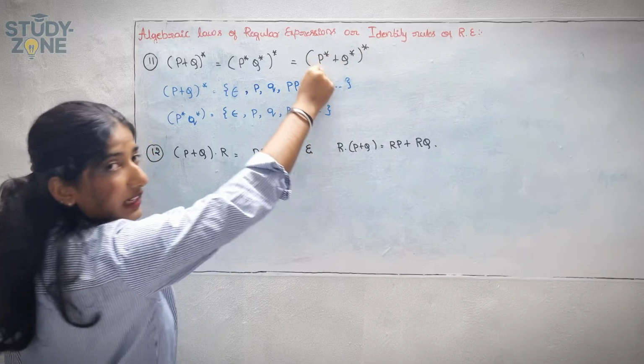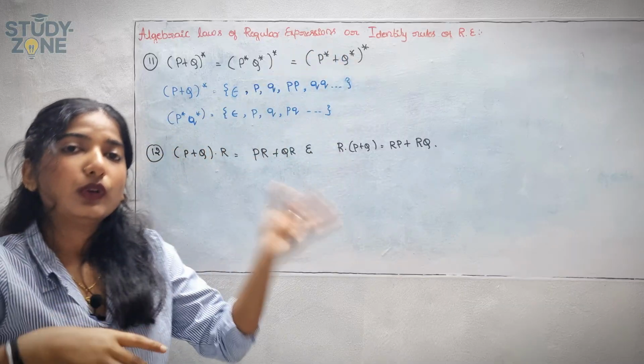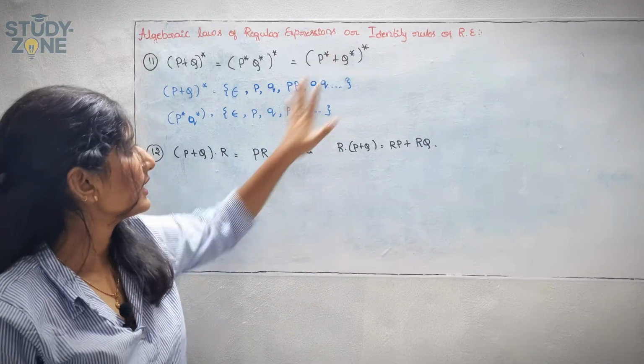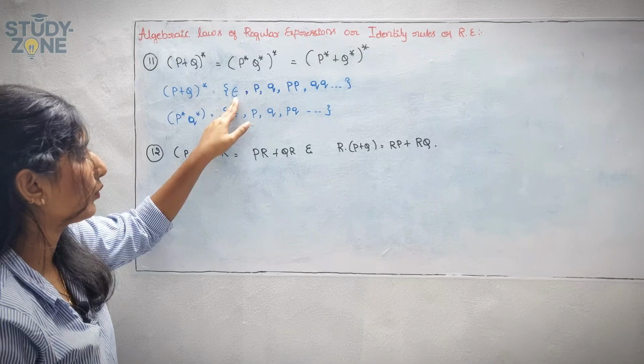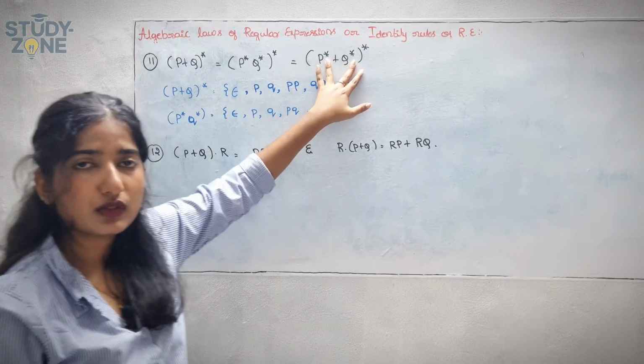Either 0 or more occurrence of P or 0 or more occurrence of Q, to the power 0 or more, occurrence of P or Q. This is the same as these two, (P plus Q) whole star, because of 0 or more occurrence, so this will hold true.